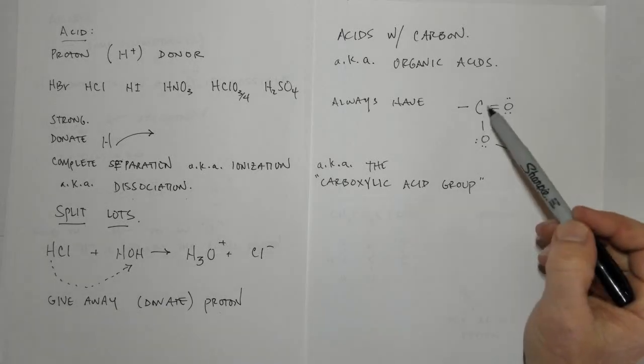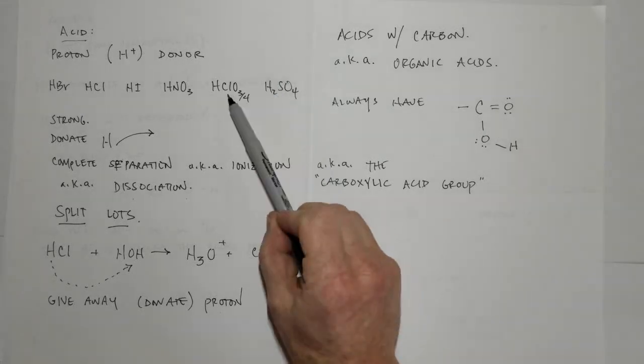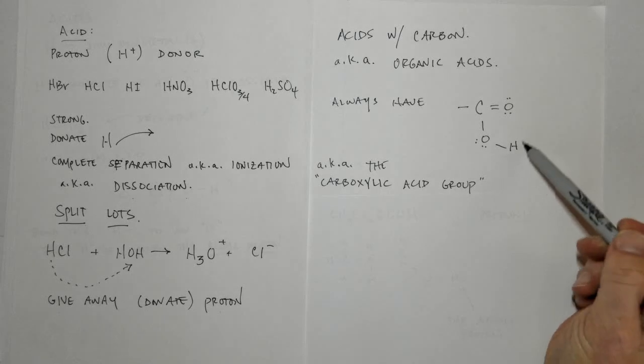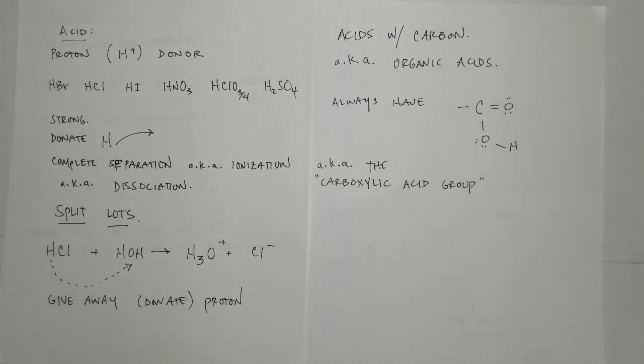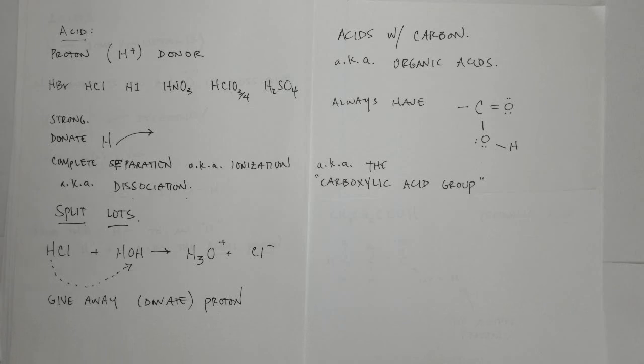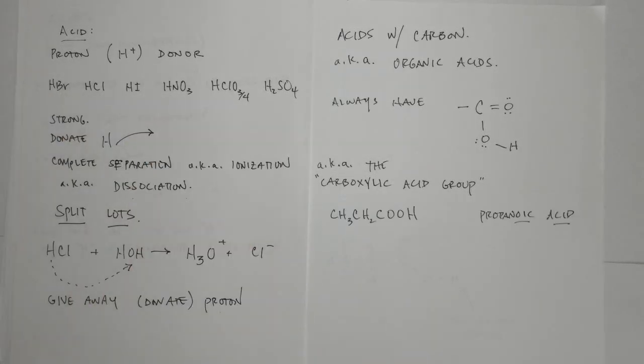And since carbon is just a little less electronegative than something like chlorine or nitrogen or sulfur, it's more difficult for this hydrogen to be given away. And so organic acids are 99% of the time weak acids. They give away this H, but with a little bit less gusto, not quite as much as these strong acids do. Here's an example of propanoic acid.